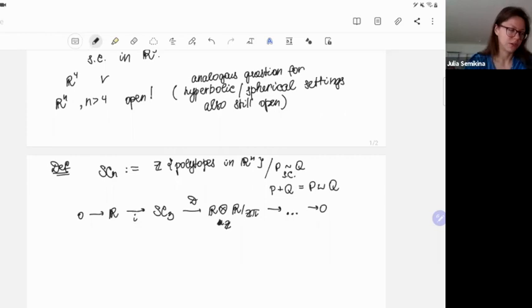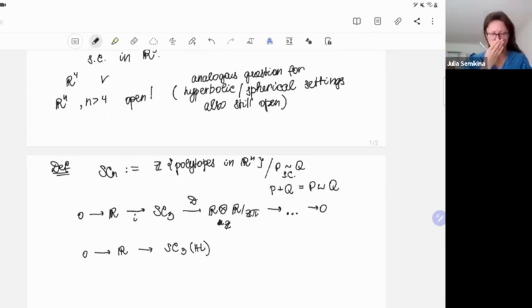It has more structure. And I just want to write such a sequence for the hyperbolic case, also for H^3, just to motivate a bit why K-theory is a natural thing to appear here. So now it's the Scissors congruence group in three-dimensional hyperbolic space. We also have the Dehn invariant.